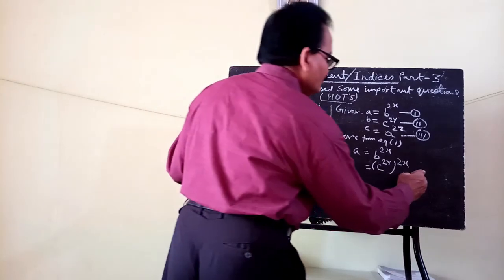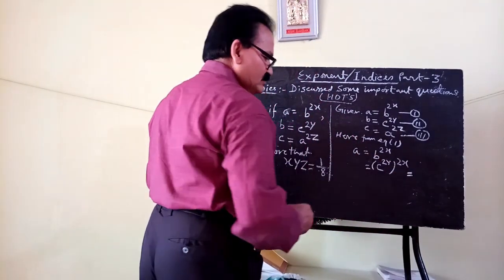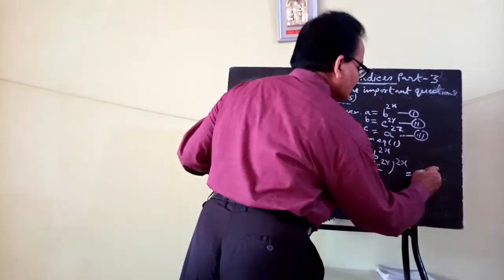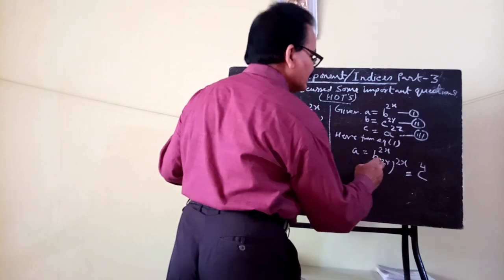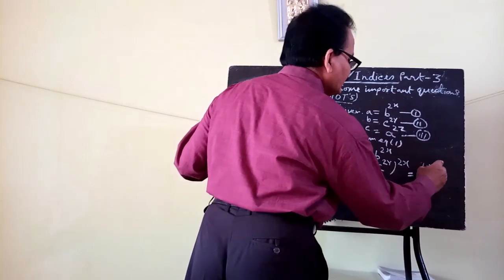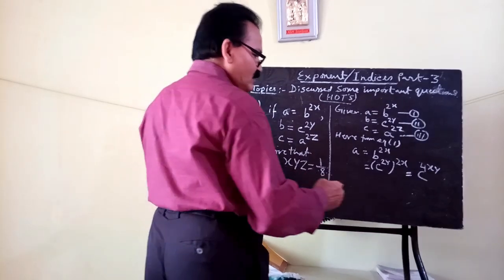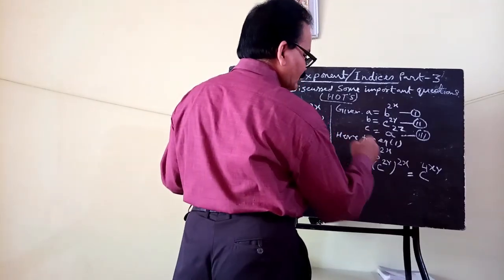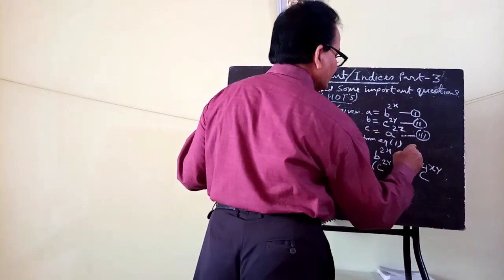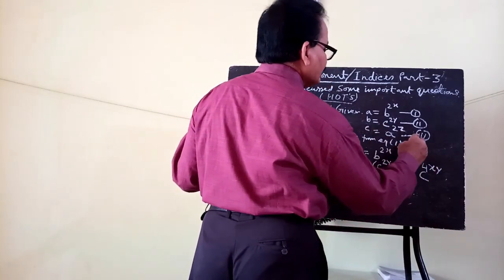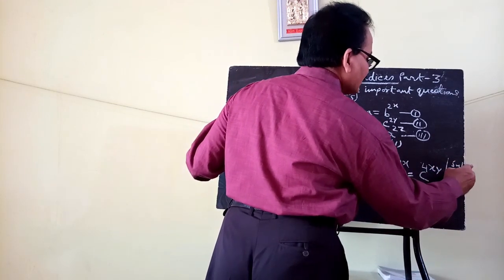Now you have to apply the power law for multiplication. So this is c to the power 2 into 2, that is, 2x and 2y gives 4xy. Here you have substituted from equation 2 into equation 1.